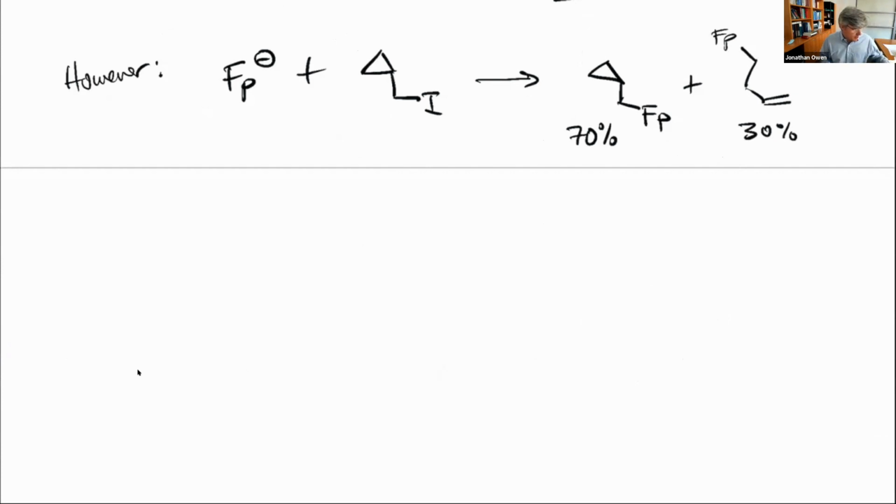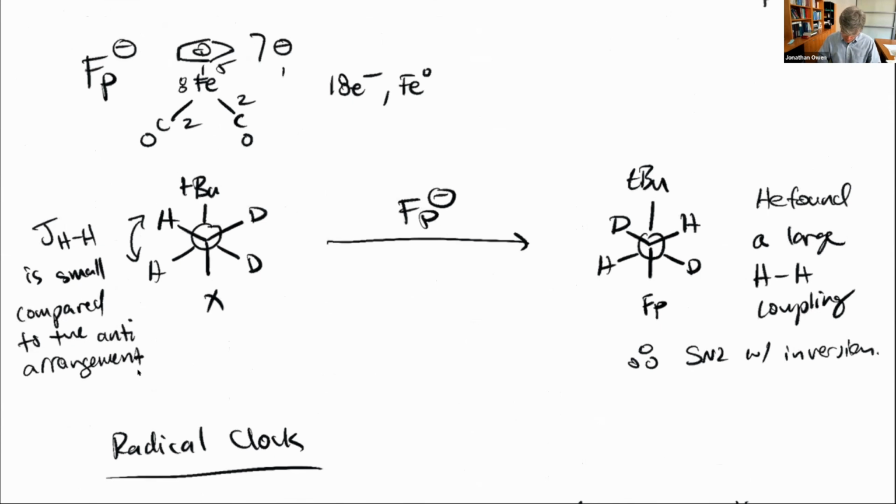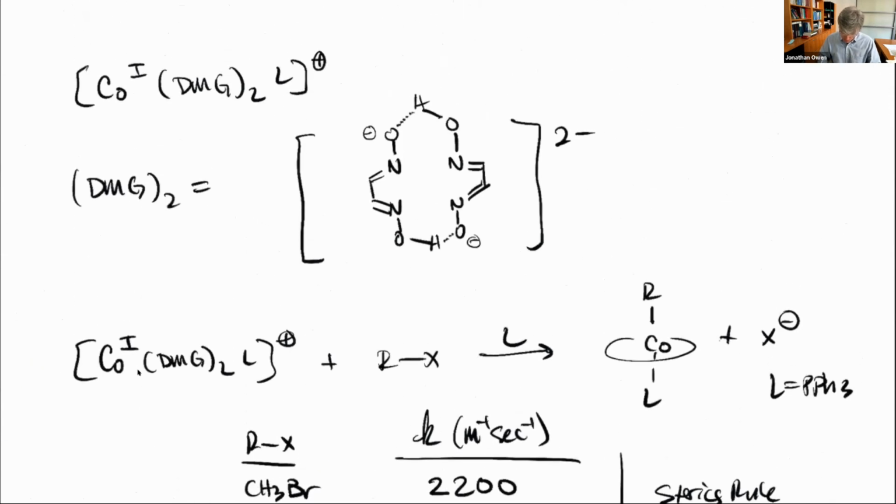Professor, sorry, just a quick question about the cobalt earlier. I think, is it actually cobalt plus? Because if it's cobalt 1 and the DMG is 2 minus, then it should be overall negative, right? It's cobalt 1 in the earlier complex, yes. So should the overall charge be negative, not positive?